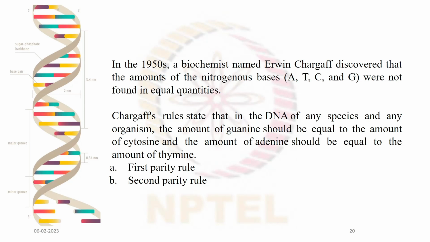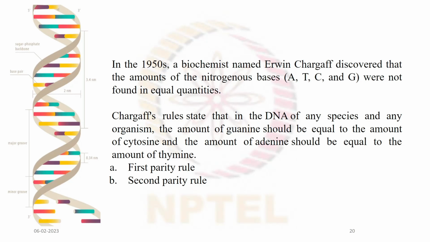Yeah, I have a little problem with the internet connection. First we have the rule of base composition. In a DNA molecule, the number of adenine bases is equal to the number of thymine bases, and the number of guanine bases is equal to the number of cytosine bases.